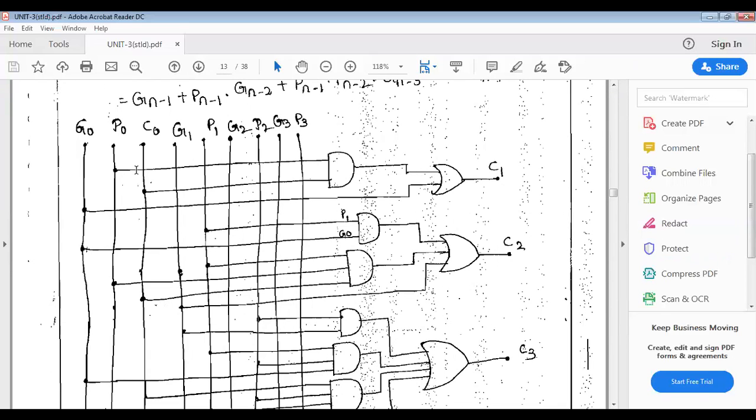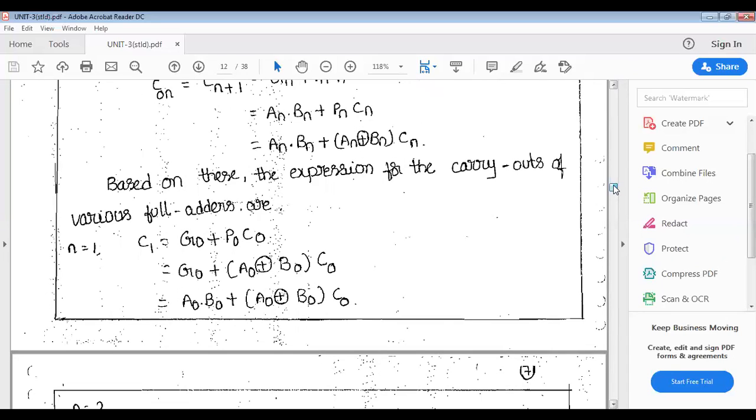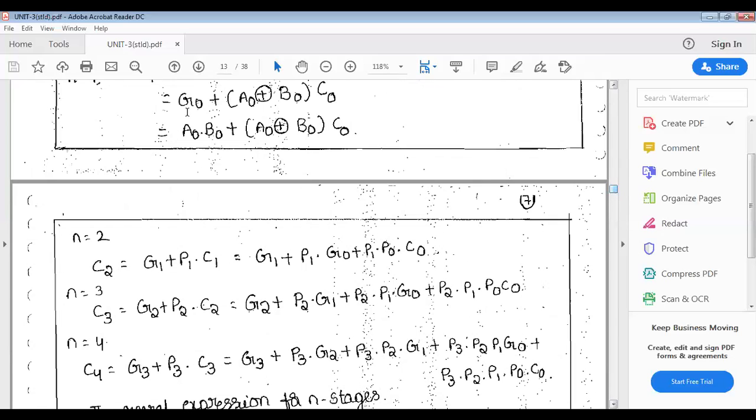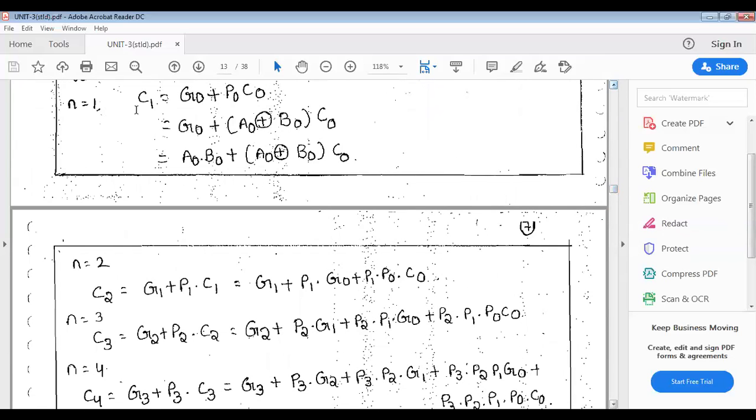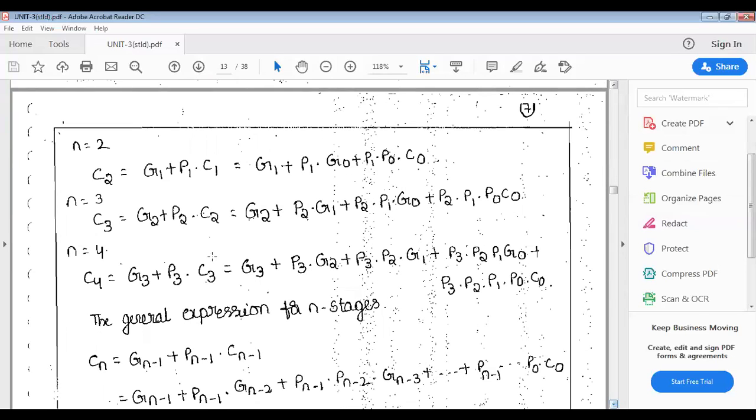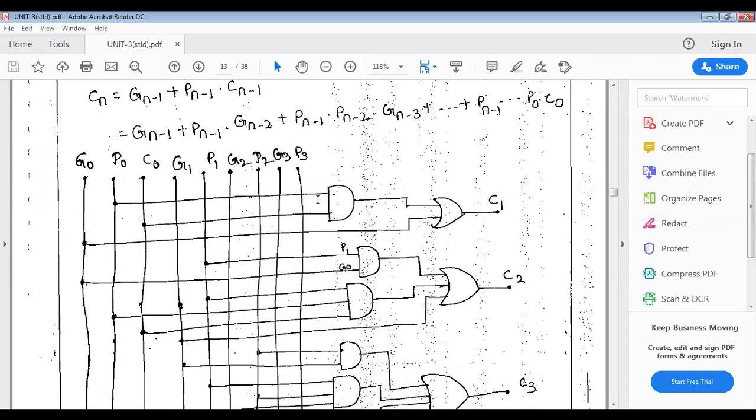See, C1 is equal to G naught plus P naught into C naught. Directly you can connect it as P naught, C naught as an AND gate, and G naught is another input of the OR gate. That is C1.